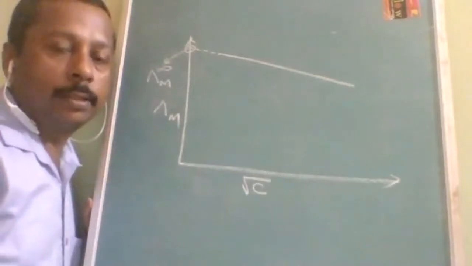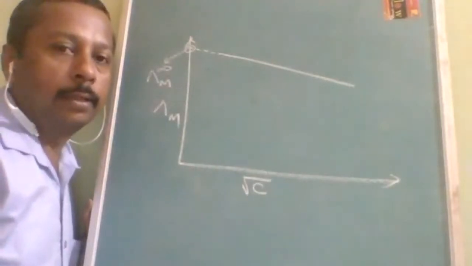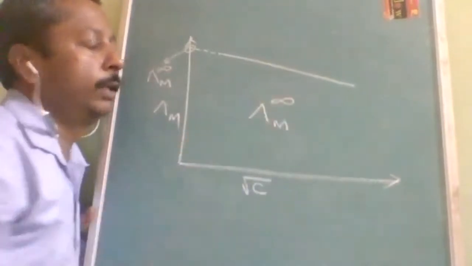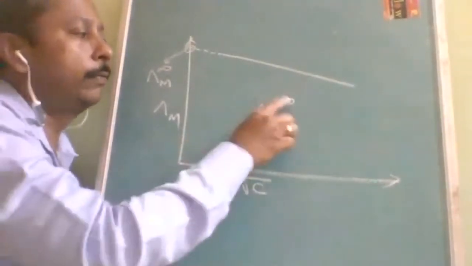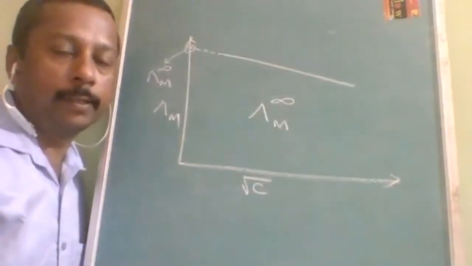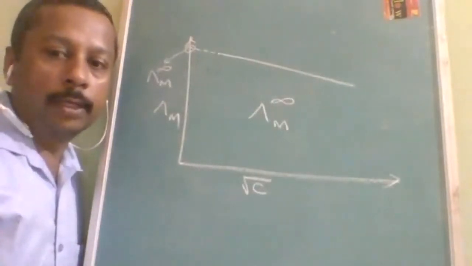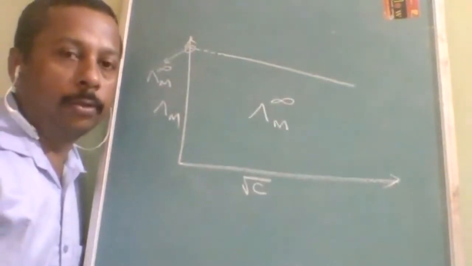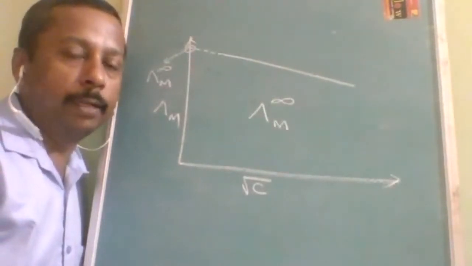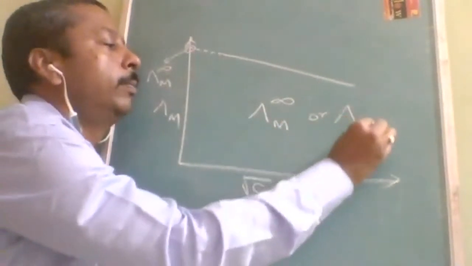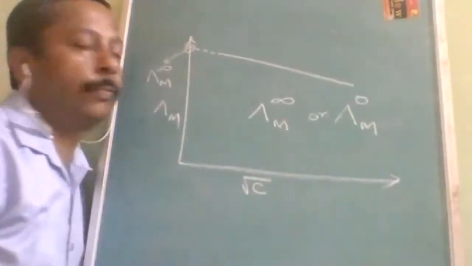Molar conductivity at infinite dilution. The infinity here shows the amount of solvent with respect to the solute. The amount of solvent with respect to the solute is almost infinite, which means the dilution is very high. Sometimes they represent it as zero also.